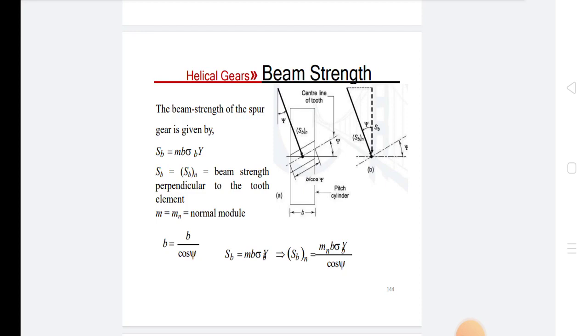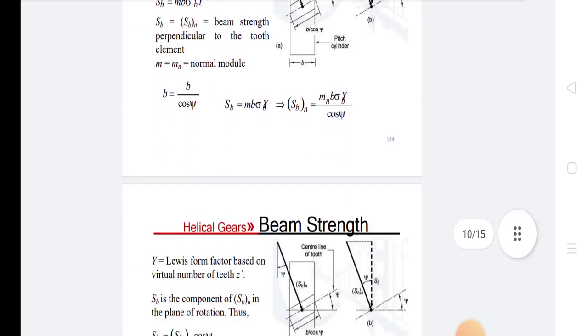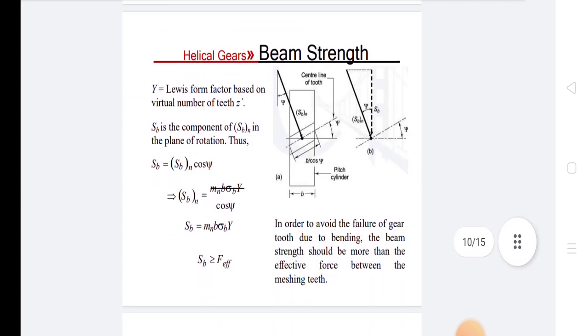So, SBN is equal to Mn b sigma b Y cos psi. In beam strength, there is a very important factor Y. Y is the Lewis form factor based on the virtual number of teeth, that is Z dash. SB is the component of SBN in the plane of rotation. Thus, SB is equal to SBN cos psi.